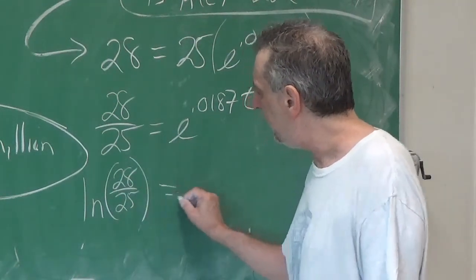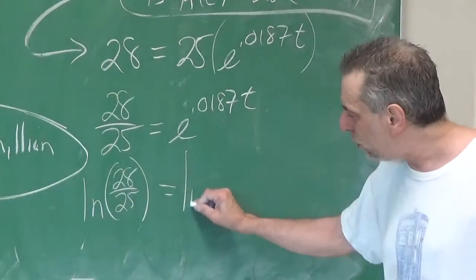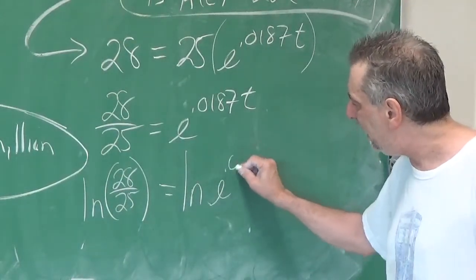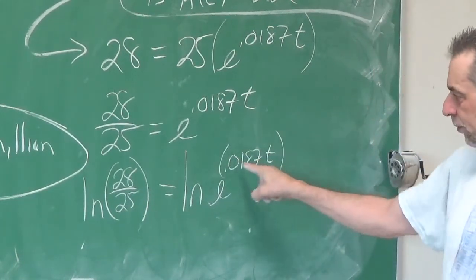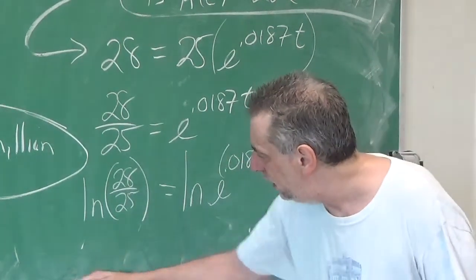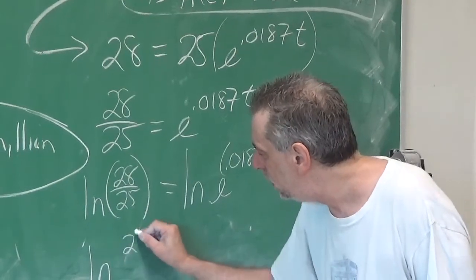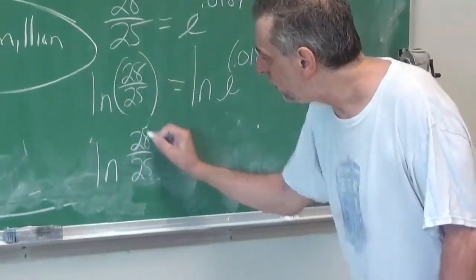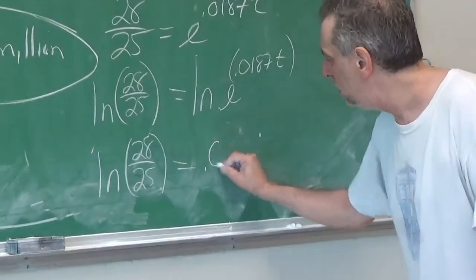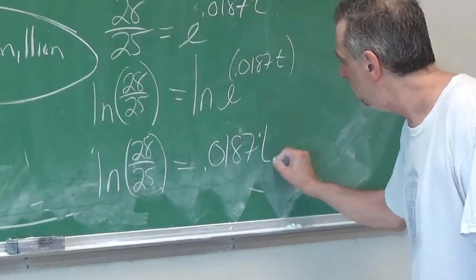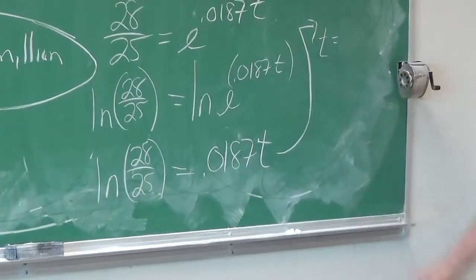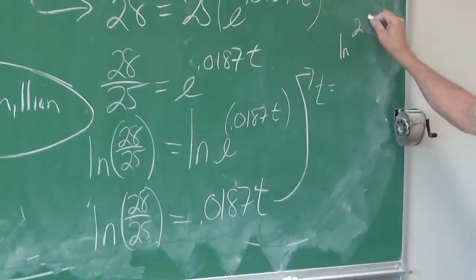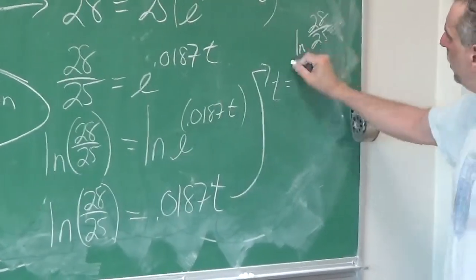Just plug that into the calculator and get a number. Natural log of e raised to anything is just that, anything. All right, so now we get natural log of 28 over 25 equals the exponent here.